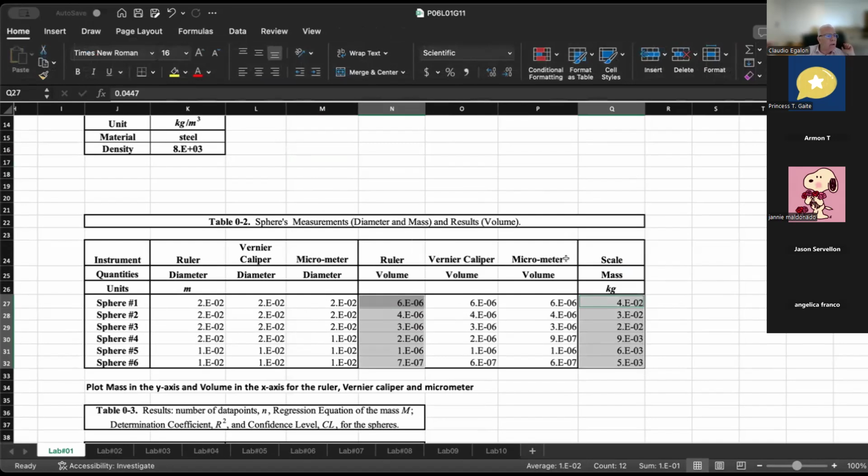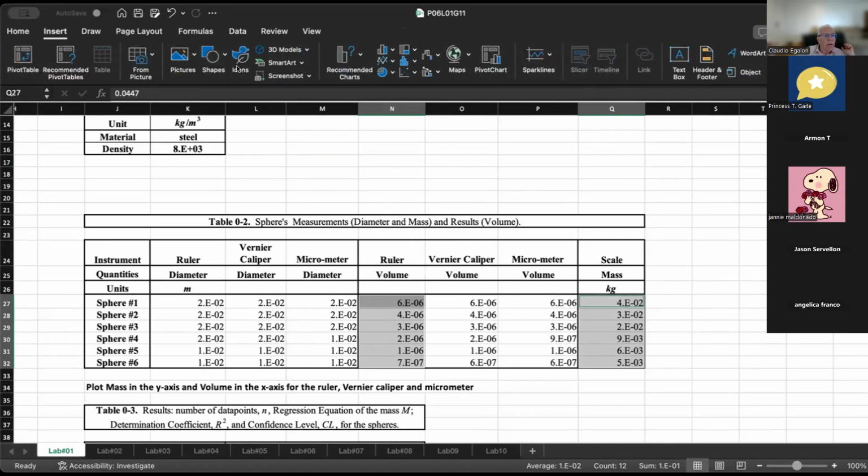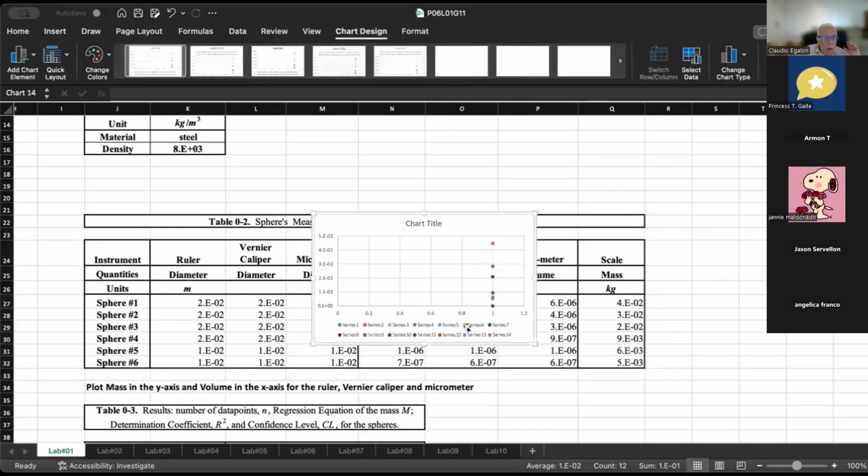Click insert again, top left. Let's go slowly. To the right, this one. Click down. This is what I clicked. But I don't see the graph showing up there. What happens when I click this?